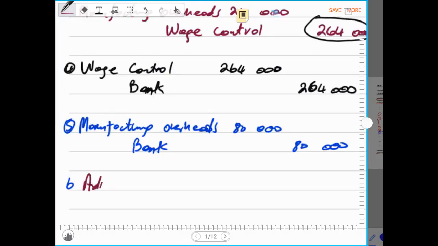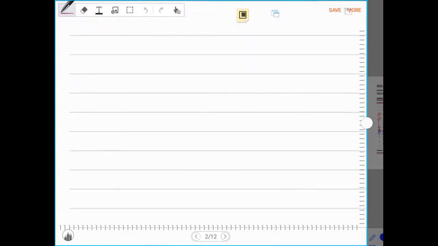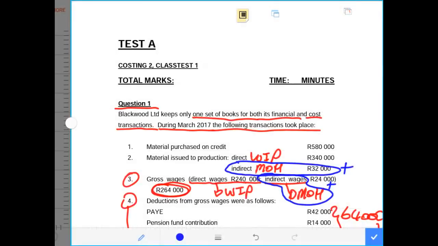We debit administrative expense, this is 28,000 rands. Then we credit our bank, because this expense was paid by EFT. So now we have recorded number 6, which in fact is number 7. But because of number 4 and number 5, the numbering will slightly change.